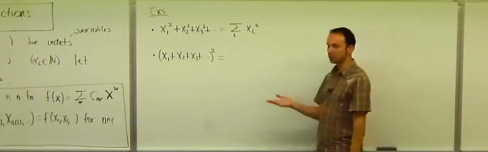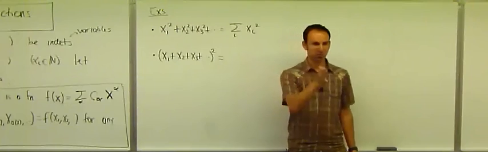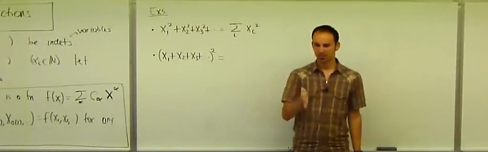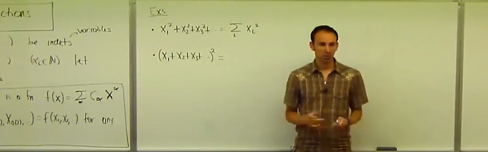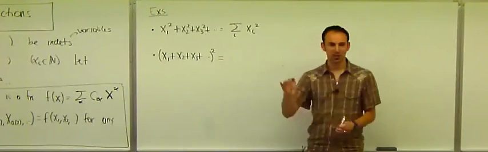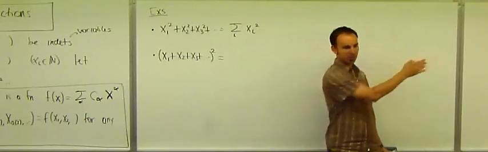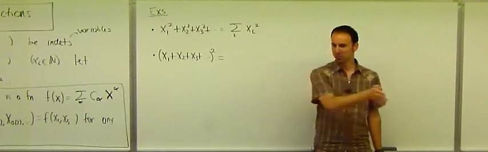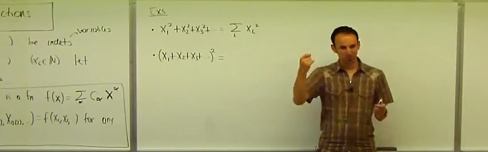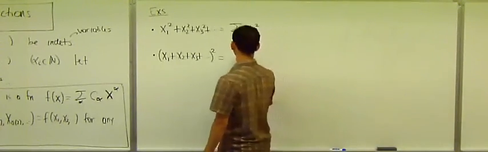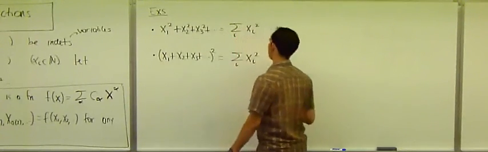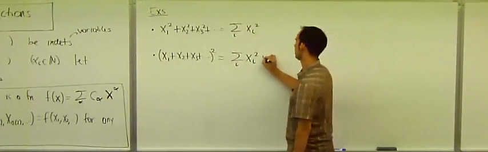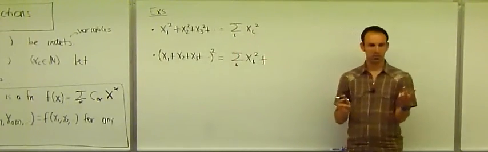What this means is that you're going to take the expression x1 plus x2 plus x3, etc., and you're going to multiply it by itself formally, okay, as algebraic expressions. And that's going to give you a well-defined product. What happens when you multiply x1 plus x2 plus x3, blah, blah, blah, times x1 plus x2 plus x3, blah, blah, blah? Basically you get these terms, and you also get the cross terms.